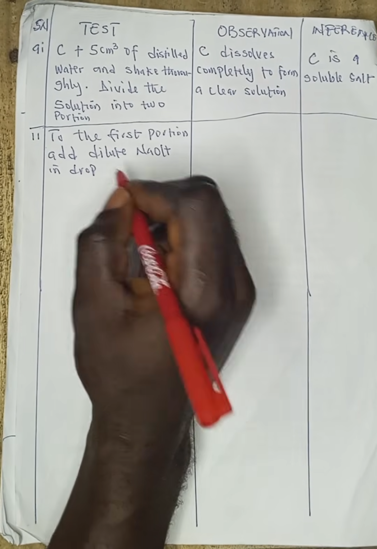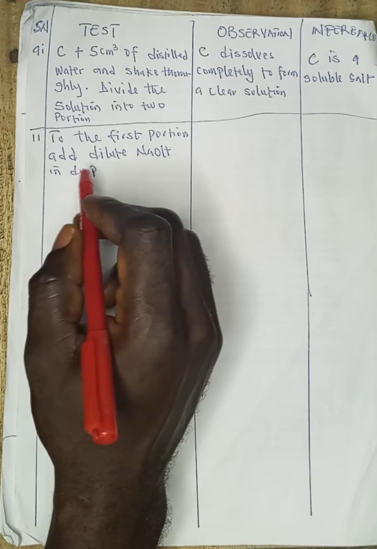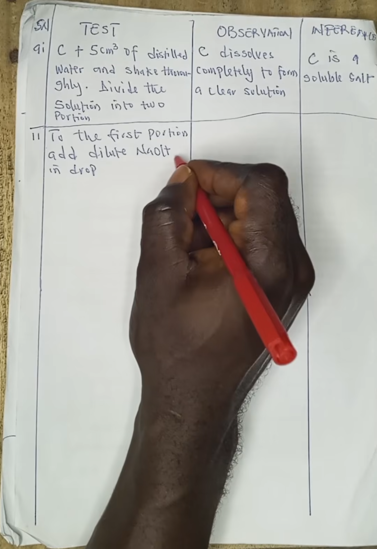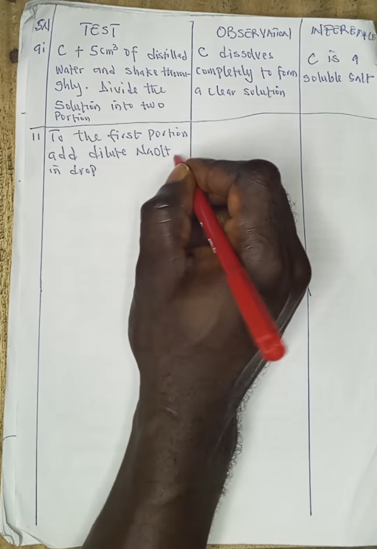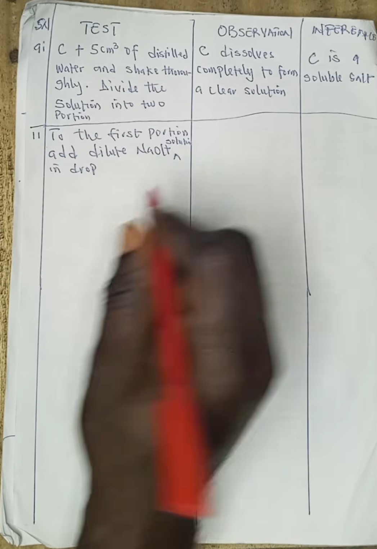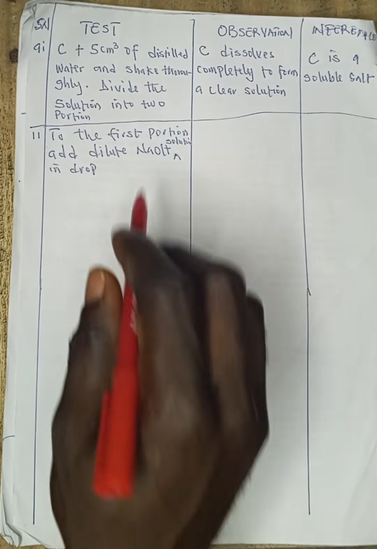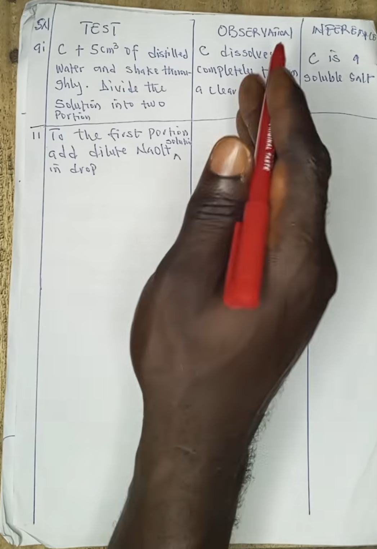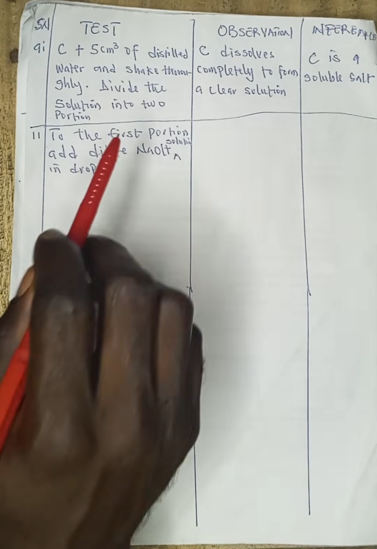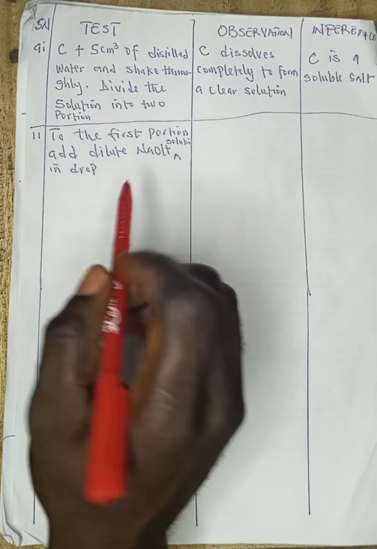Add dilute sodium hydroxide solution. This place is already given to you. So what you are asked is just to fill this side. When you add dilute sodium hydroxide solution, what are you expected to see?